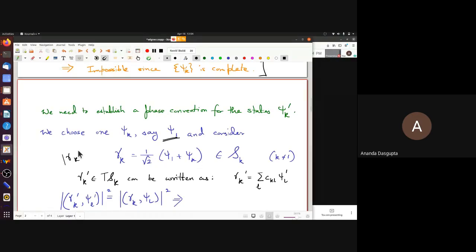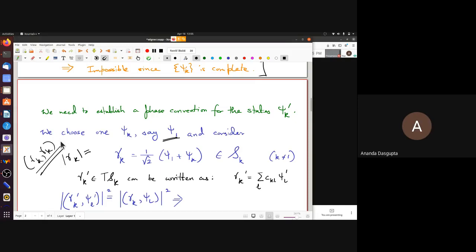It's easy to see that the mod of gamma k is how much? Gamma k is a vector, a linear combination of psi 1 and psi k. What is the mod of gamma k? The norm, how much is that? 1.